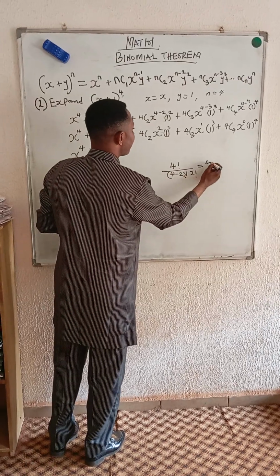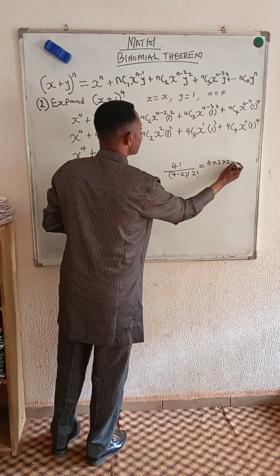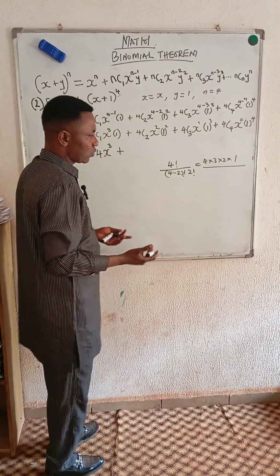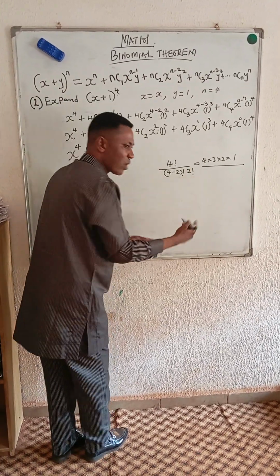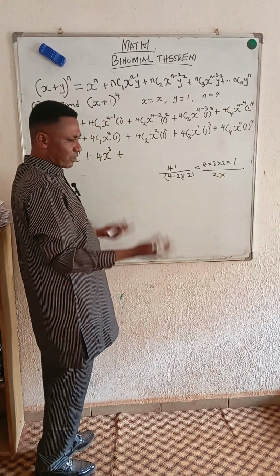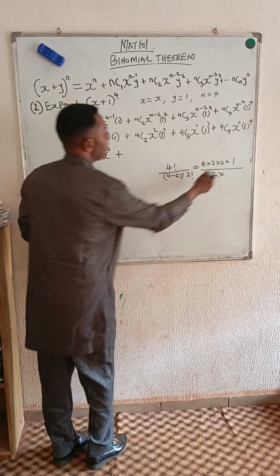What is 4 factorial? 4 times 3 times 2 times 1. Then 4 minus 2 is 2. 2 factorial is 2, because 2 times 1 is 2. Now multiply by 2 factorial, which is 2 times 1, which is 2.